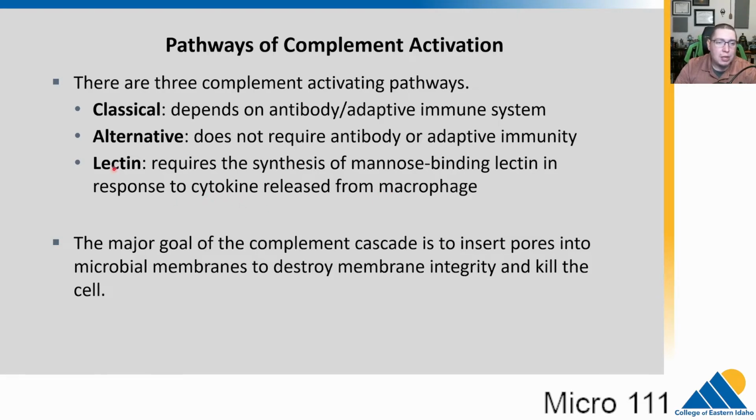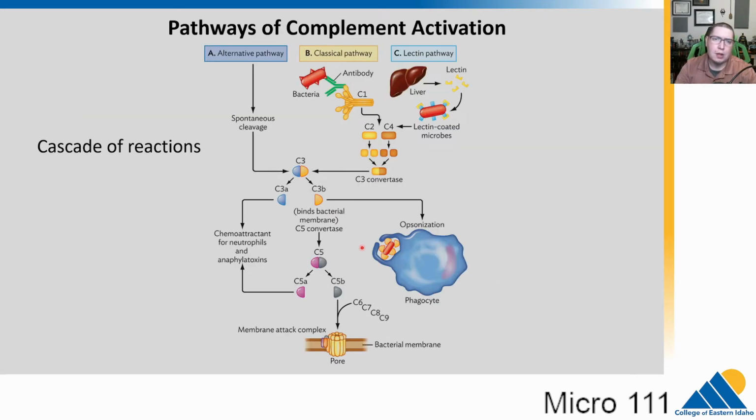It's not critical to know the difference here, but the goal is to insert proteins to make little holes in microbial membranes and destroy the cell. There are various ways this can happen, but I want to show you what we call the cascade.